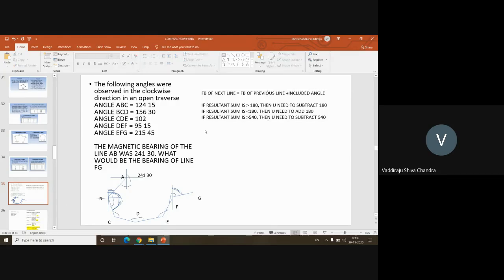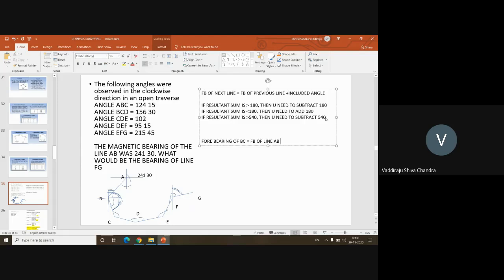So now let us try to solve this simple problem. Forebearing of BC. What is the previous line for BC? AB, sir.